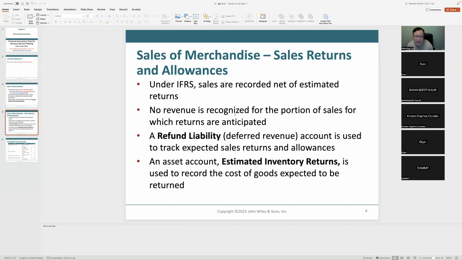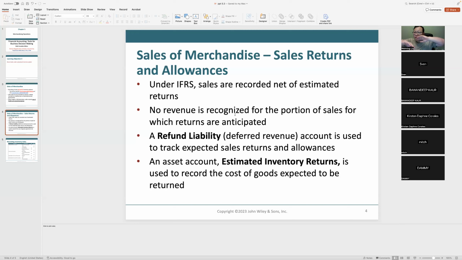So for the asset account, estimated inventory return, how are we doing with time? Okay, I have 3 minutes. So as an asset account, the estimated inventory return is used to record the cost of goods expected to be returned. Remember when you do the sales transaction, you have two entries, one to record sales, the other one is the cost of goods sold and the inventory.